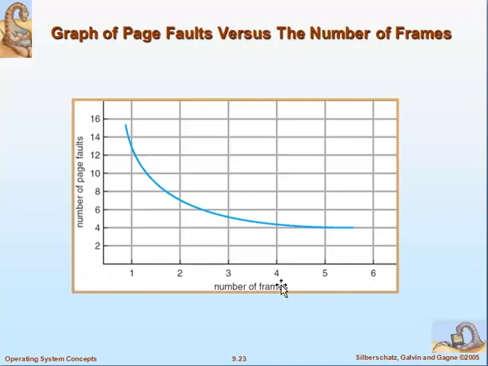This is a desirable behavior, so that we can have an optimal number of frames. You can see the optimal number is when the number of frames is 4; whether it is 4, 5 or 6, the number of page faults remains at 4. So we can select 4 as the optimal number of frames.